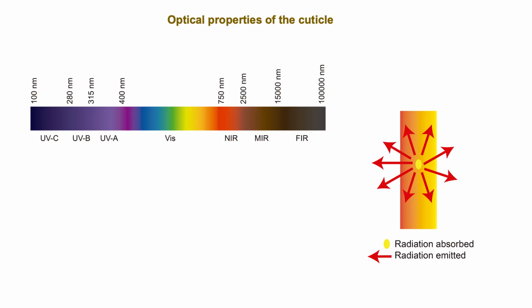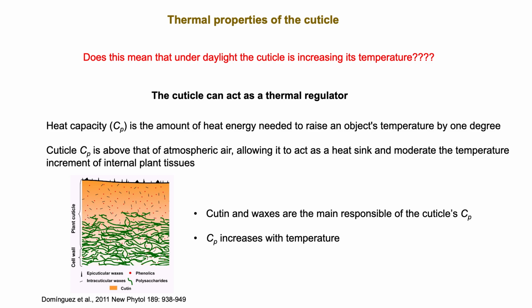But this causes a red flag, because what we are suggesting is that the cuticle is being heated up, or not. Because if a plant is under daylight continuously, especially if we think about a very hot summer, it is absorbing a lot of light and is dissipating it into heat that sometimes will remain within the cuticle. So is the cuticle being heated?